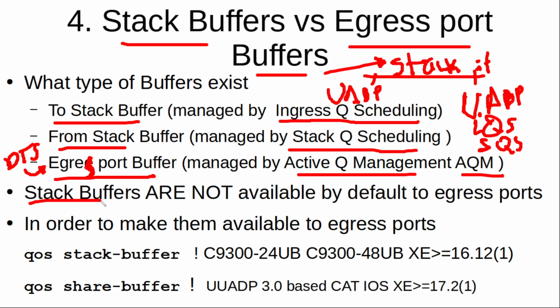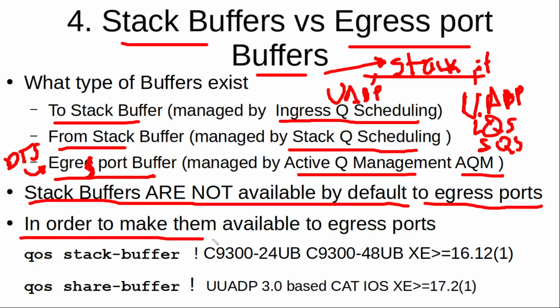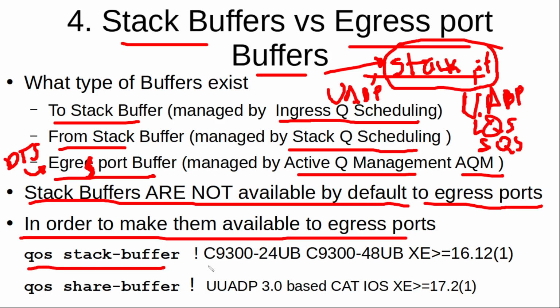So stack buffers are not available by default to egress ports. In order to make them available to egress ports, these buffers that exist here in the stack, managed by IQS and SQS, you can use this command, QoS stack buffer, if your switch happens to be a Catalyst 9300, particularly these two types, and only if you have an IOS XE of at least 16.12.1.